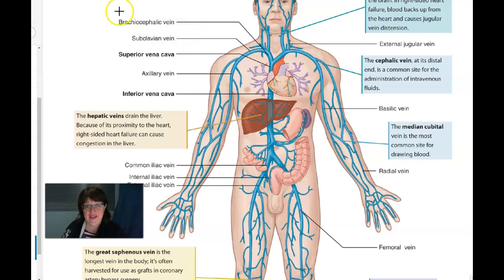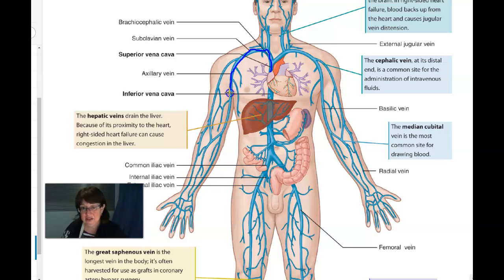So, brachiocephalic vein. So here's our superior vena cava, and again, we're going opposite the way the blood flows. So brachiocephalic. And then it goes underneath the clavicle. So it's the subclavian. It goes to the armpit, axillary vein.